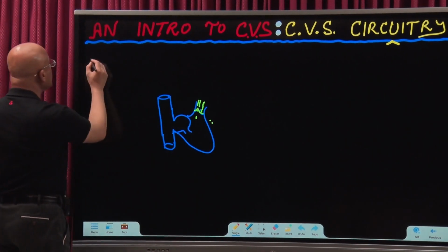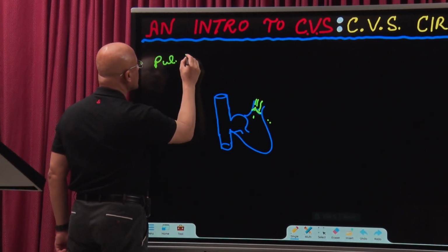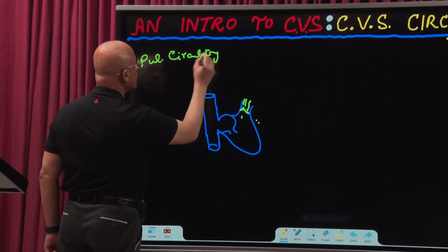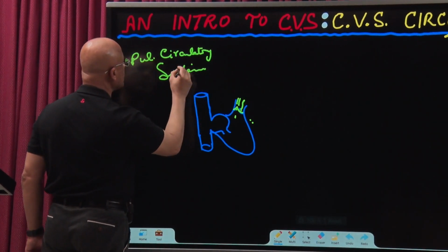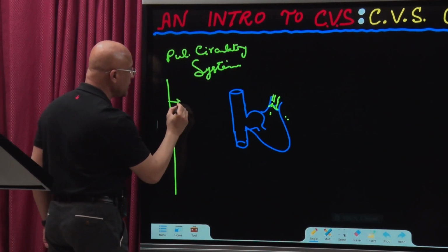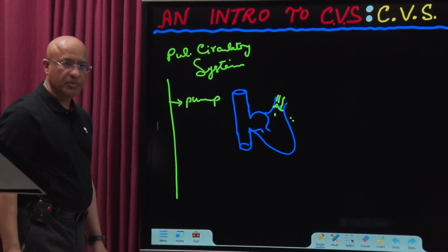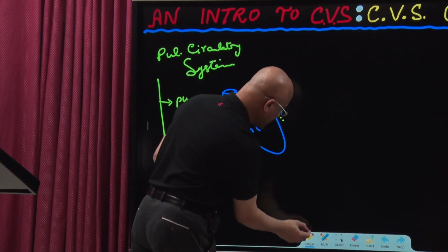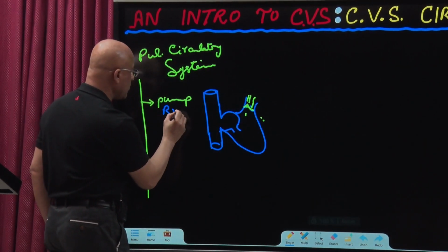So, if we go into detail of the pulmonary circulatory system, first of all, there should be a pump. Now, the pump of the pulmonary circulatory system is the right ventricle.